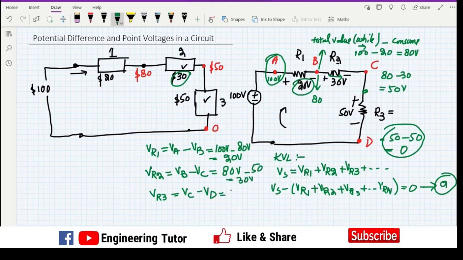And similarly here, 50 volts minus 0 which was at point D, so it was basically 50 volts which was consumed. So all of these are basically the potential differences or the voltages which were consumed by different resistors. So I hope the concept is clear now.